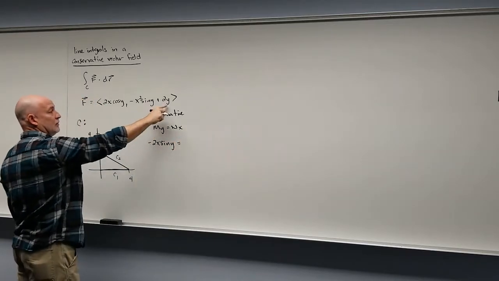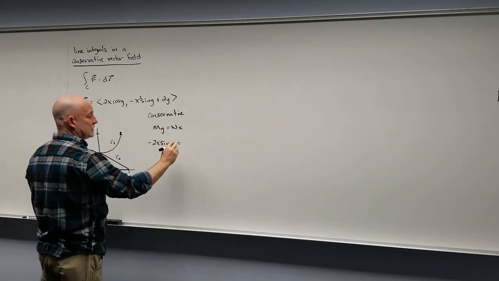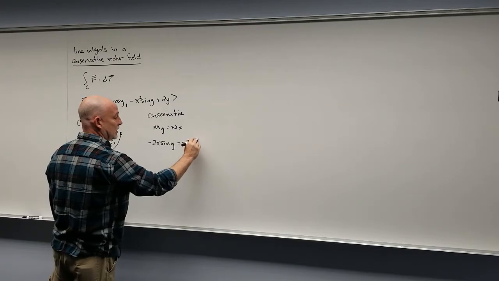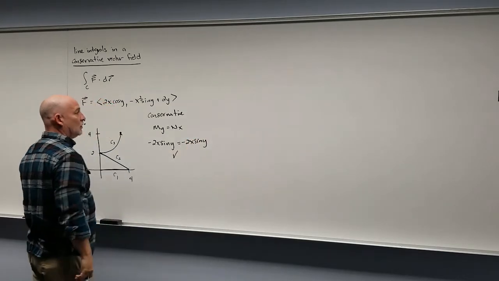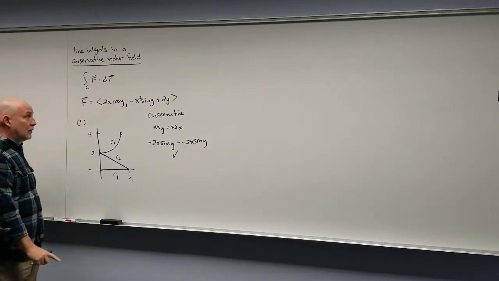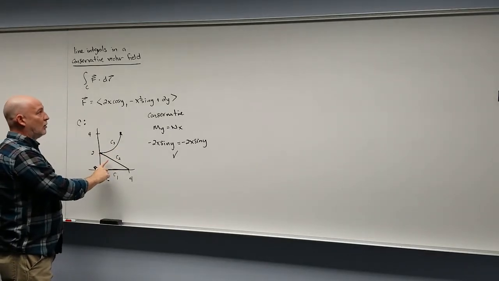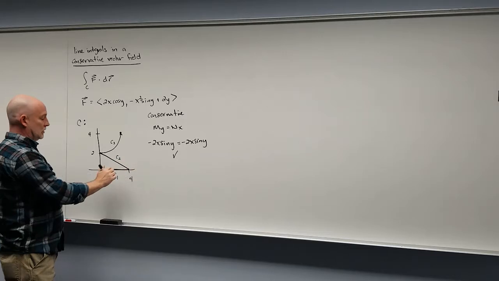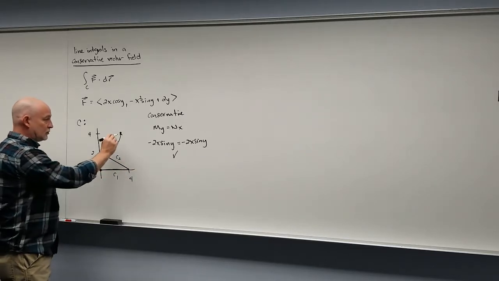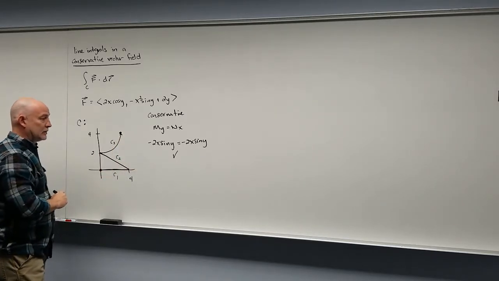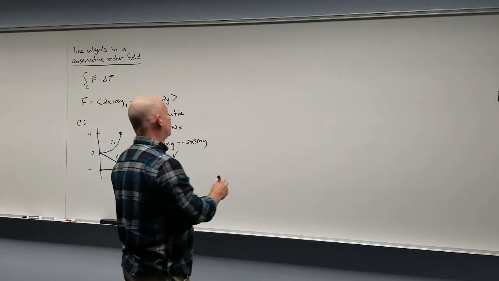If I take the derivative of this, this is N with respect to x, I get negative 2x sine y. Which means f is conservative, which according to what we've shown, we don't actually need any of these curves at all. All we need to do is find the potential function and evaluate it at the first point and the last point.